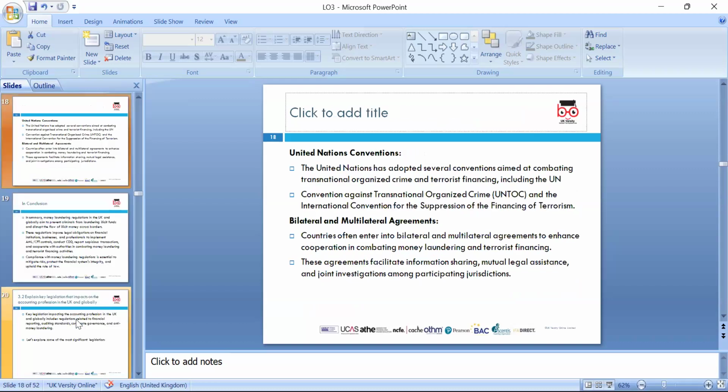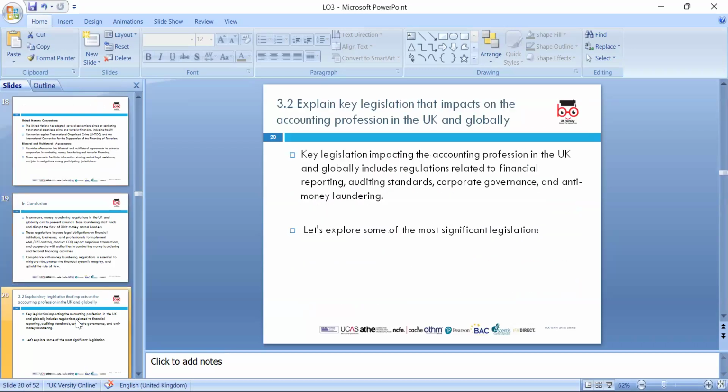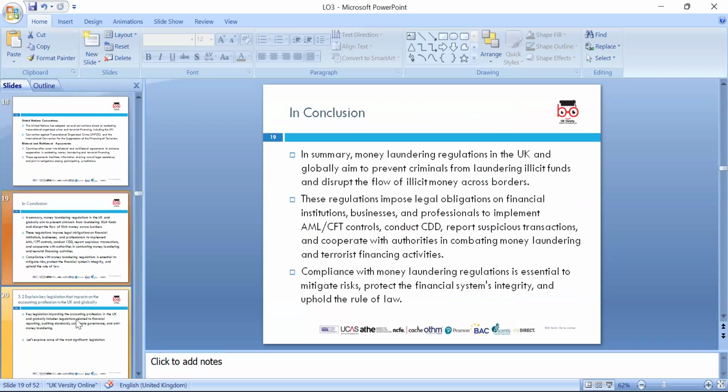There is the United Nations Convention on Money Laundering, and the convention against transnational organized crime. So we have bilateral and multilateral agreements between countries. Those we can look at, and as an accountant we need to promote the accounting profession as true and fair.